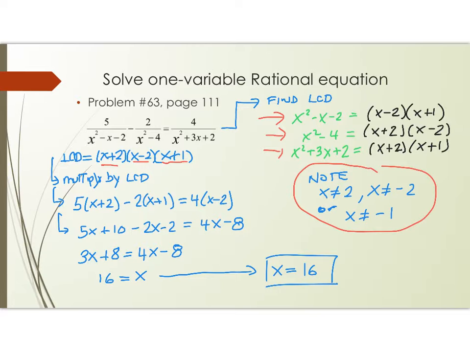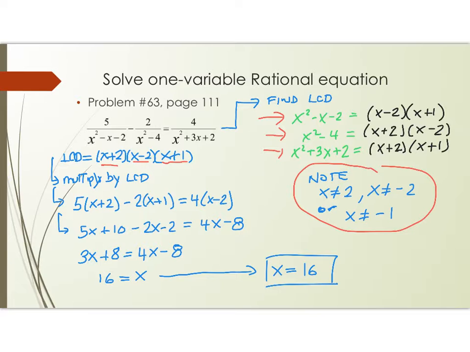So the next step is we're going to multiply through by the least common denominator. When we do that, we will not get a fraction. Why? Because when we multiply through by the LCD, one of those factors or two of the factors will cancel out.